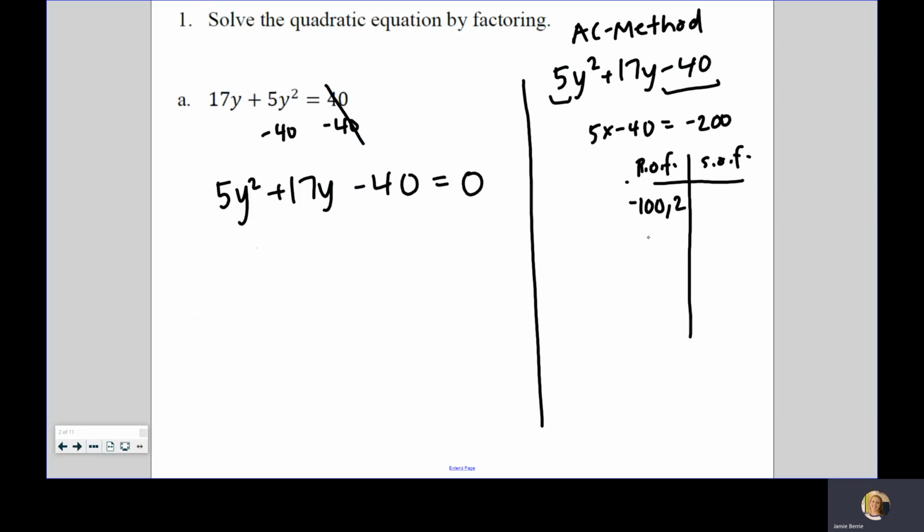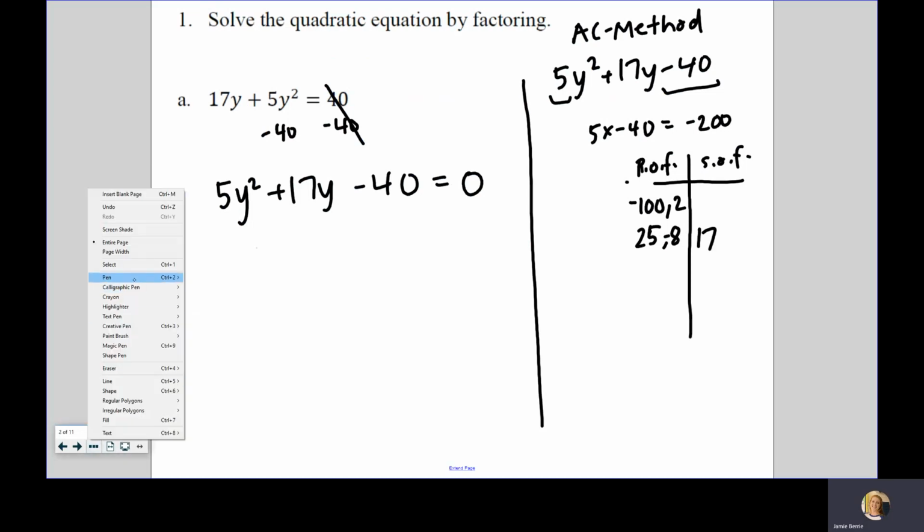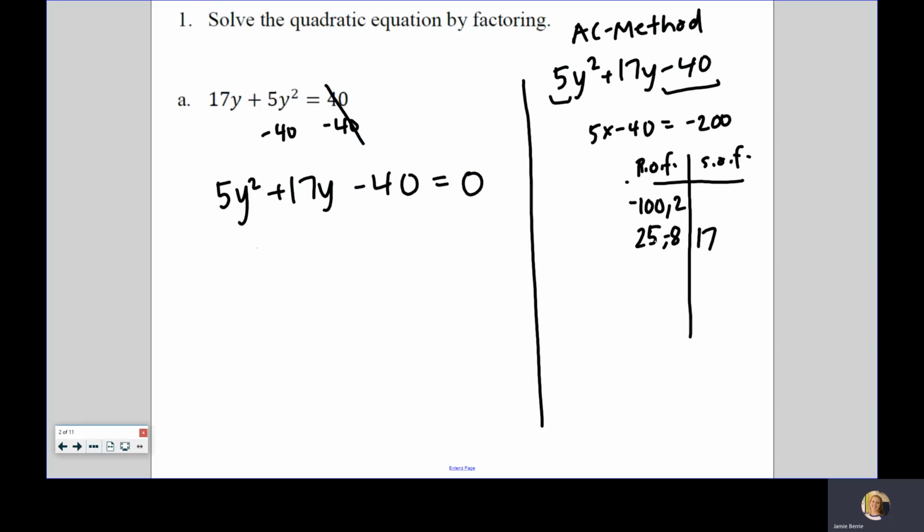There's 50 times 4. 40 and 5, that's not going to work. 50 and 4 is not going to work. But 25 and 8, that'll work. It's got to be negative 200, so one of these has got to be negative. We want these to add to positive 17, so we need to make that 8 negative. So 25 minus 8 would be positive 17. All right, so that's my factor pair.